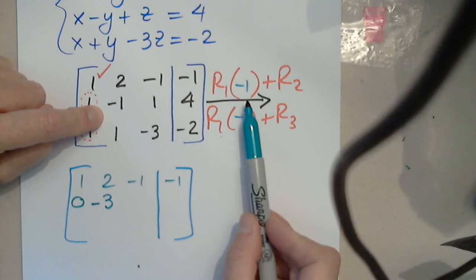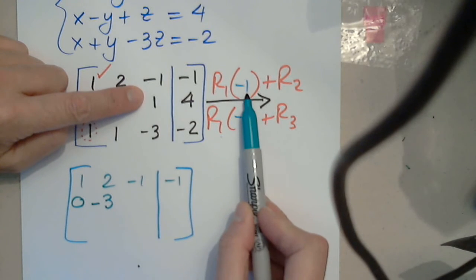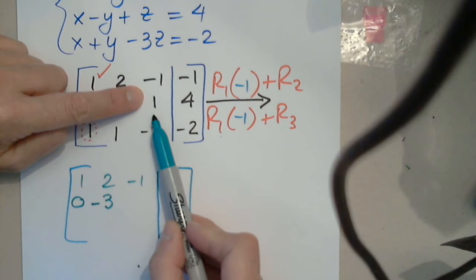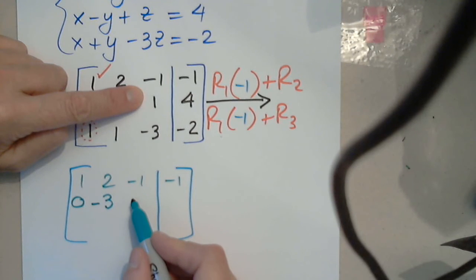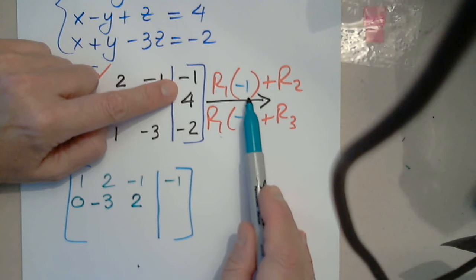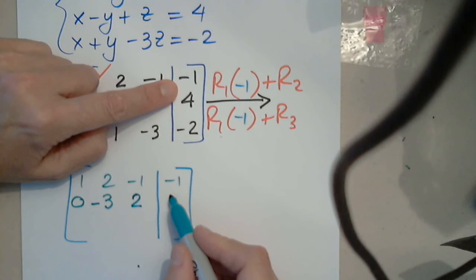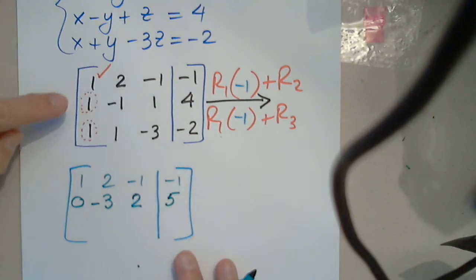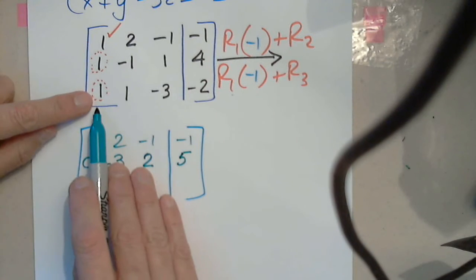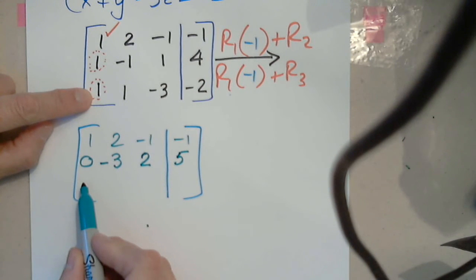Negative 1 times negative 1 and plus 1. 2. Excellent. Negative 1 times negative 1 and plus 4. 5. Excellent. 1 times negative 1 plus 1. 2.